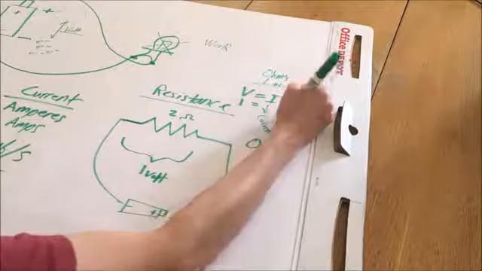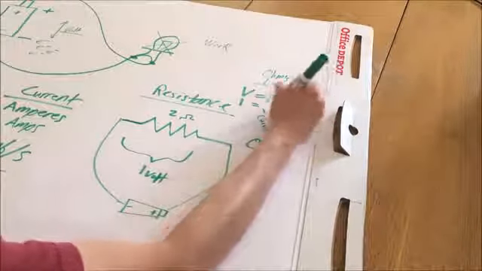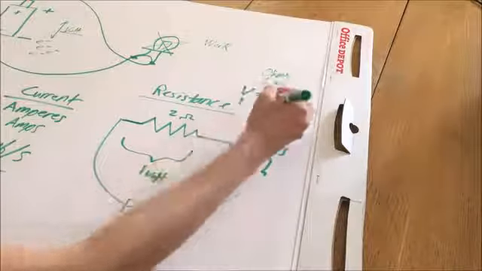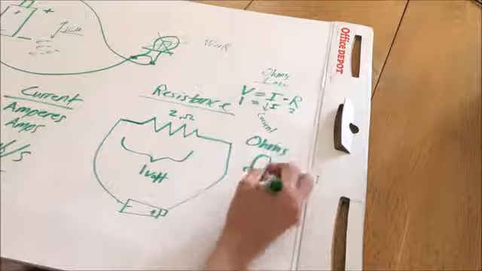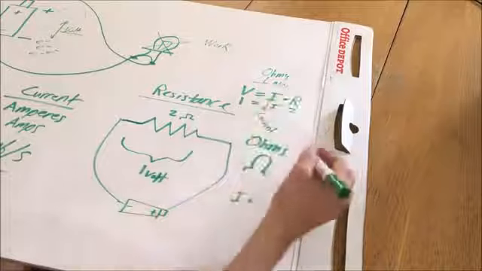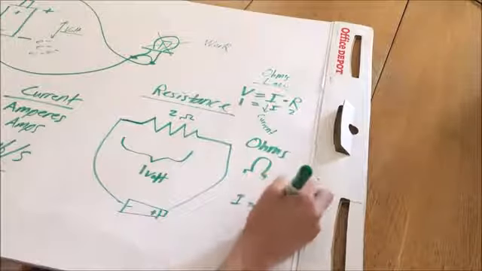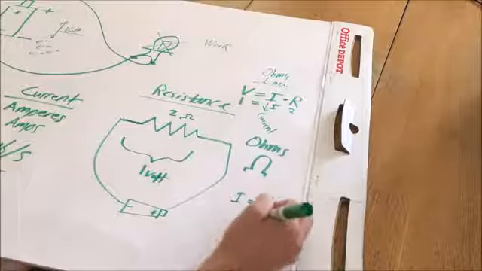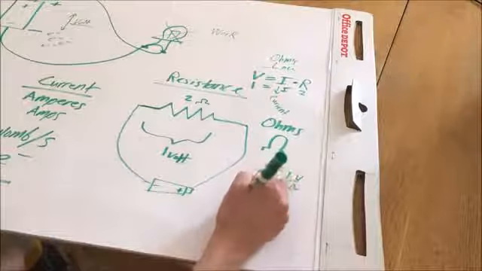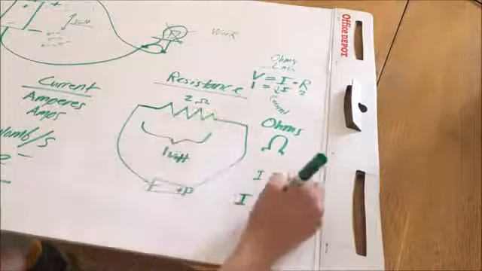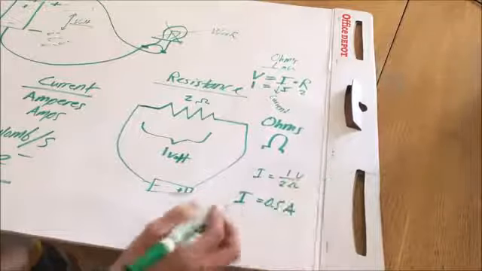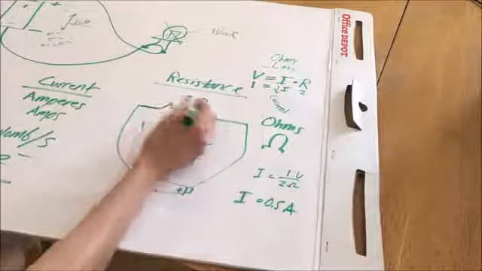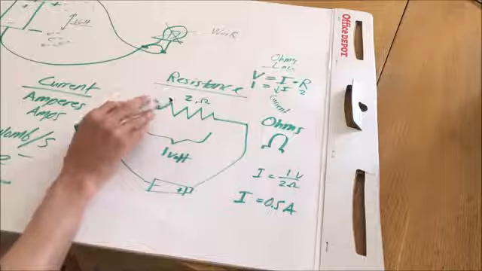So that means we can substitute in a 2 for this R. And if we solve for I, we should get that I is equal to the voltage divided by the resistance, which would be 1 volt over 2 ohms, if I draw the omega very well. And therefore, the current in this circuit would be 0.5 amps. Half an amp will flow through this circuit continuously because of this resistor.